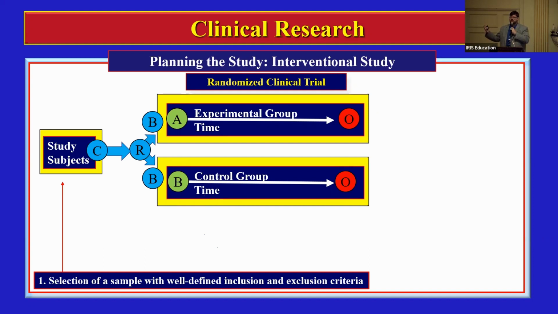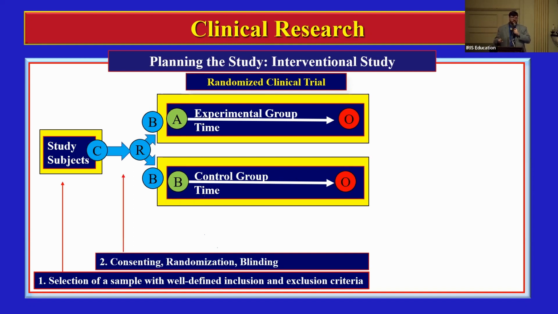So our study subjects, as you remember, are taken from a larger population. And in a randomized clinical trial, you're going to select a sample of subjects that has very well-defined inclusion and exclusion criteria. So these inclusion and exclusion criteria are then going to demonstrate that we are minimizing confounding or bias.